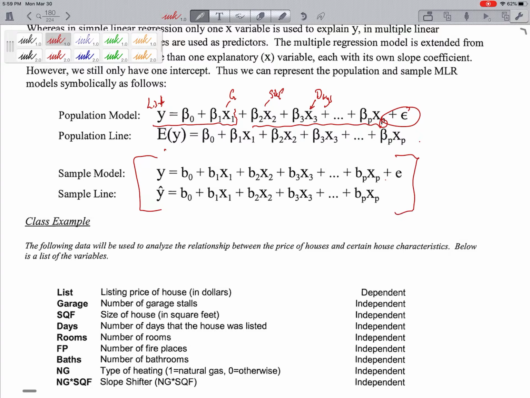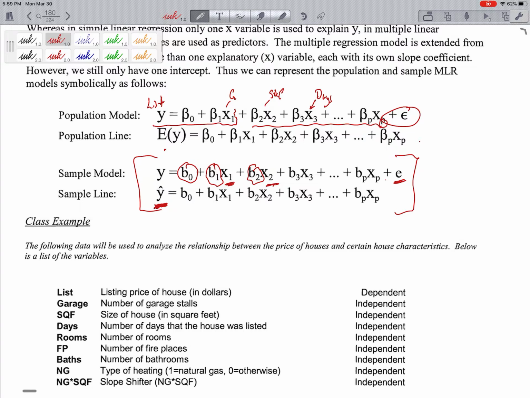And then the sample model, these are the ones we tend to be working with. Instead of betas, we've got b's. This is the intercept, here's the slope for the first variable, garages, the slope for the second variable, square footage, and so on. Then we've got an error, and these are the points on the actual regression line, the y-hats.